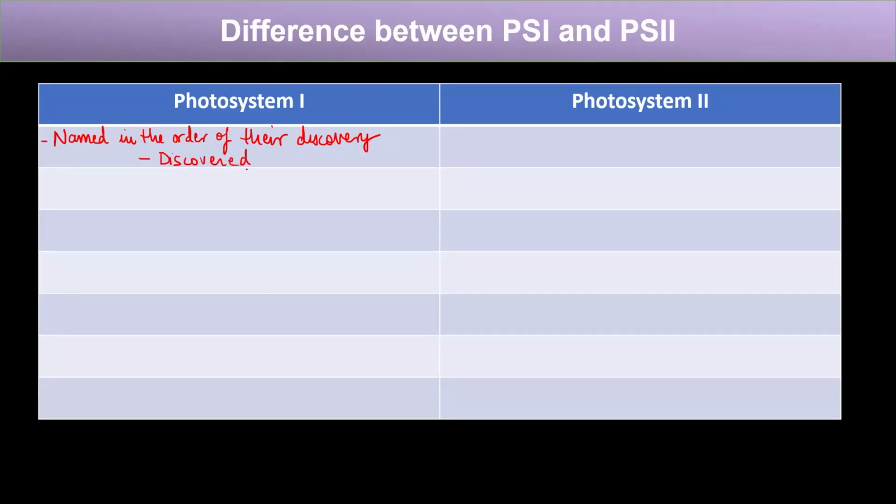That's why it is called first. And photosystem 2 was discovered second, after PS1. So photosystems 1 and 2 are named in the order of their discovery. Now, in photosystem 1, what type of reaction center is present?